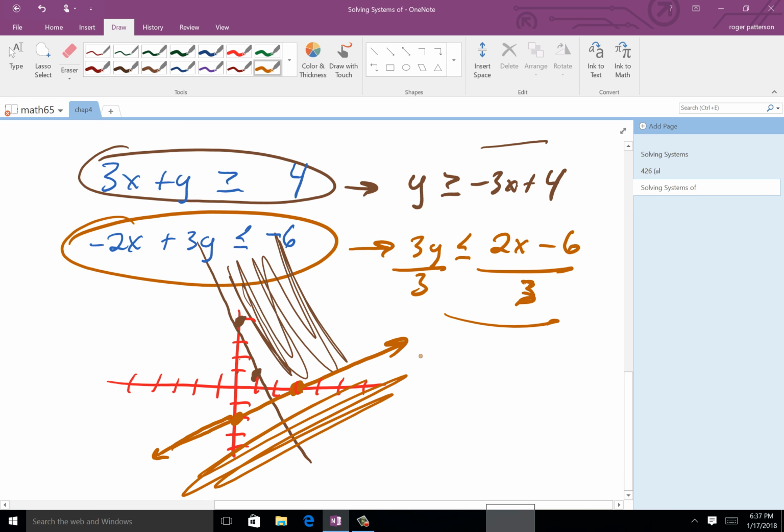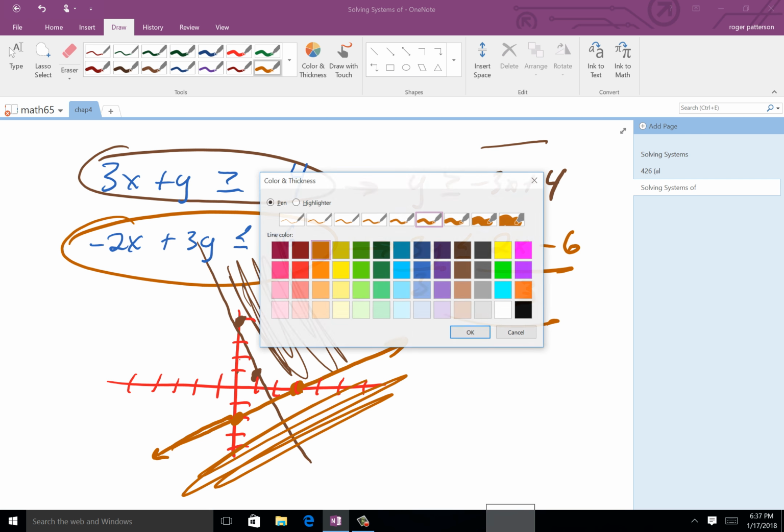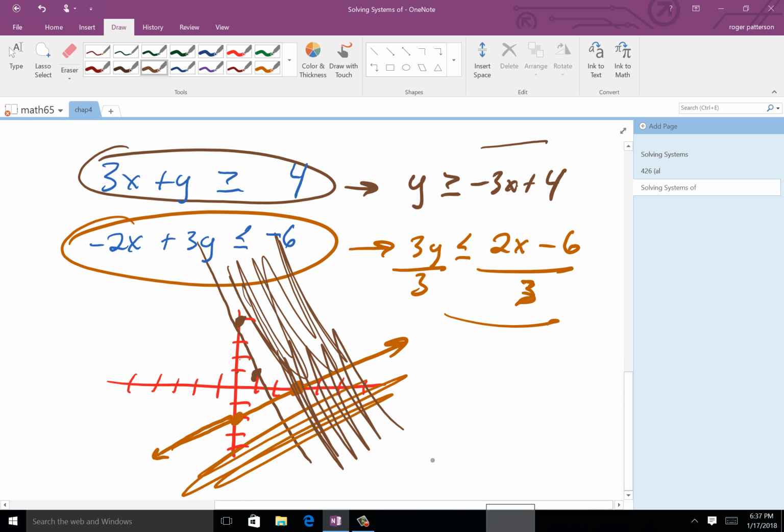So it's going to be down here. Then I don't have enough brown here to complete it. So there's my region, right there. We're always just looking for that region. So let's do one more.